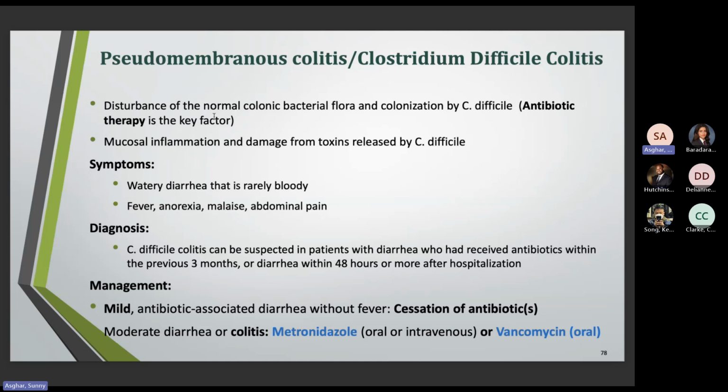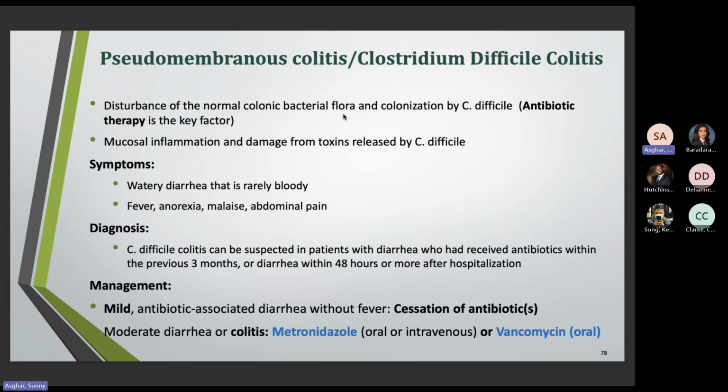And you do see this if you've been pumped up with a lot of antibiotics, and C. diff is opportunistic, so it can technically just colonize the bacterial flora and then cause disturbance.